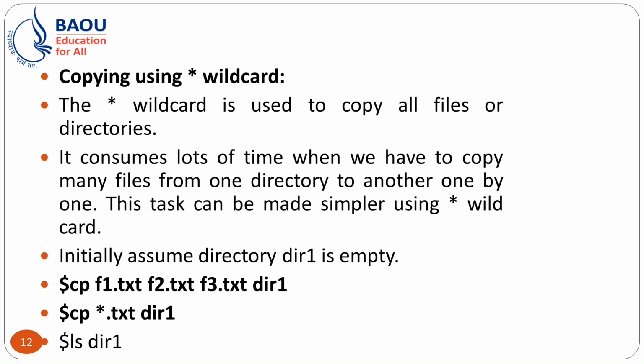Instead, you can use the wildcard character asterisk, star. So see the command cp space star dot txt, that means all the files having the extension txt, whatever the name, will be copied into dir1. So this way you can use wildcard characters with the cp command.